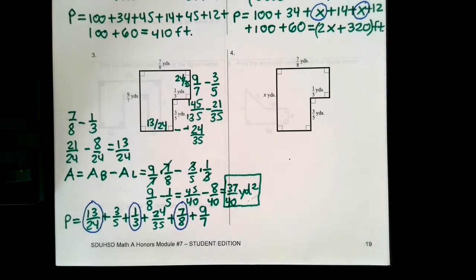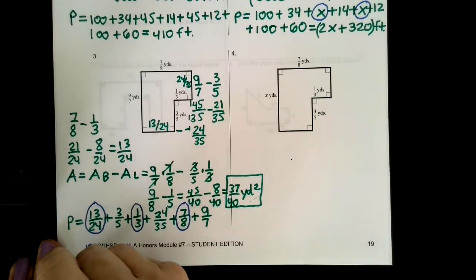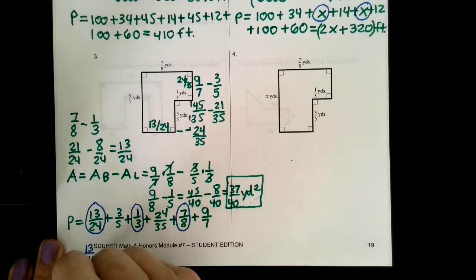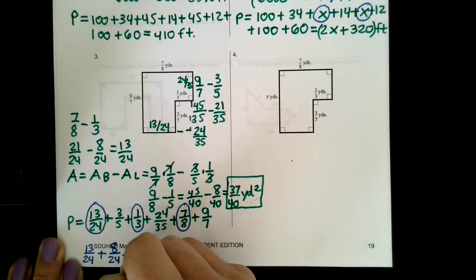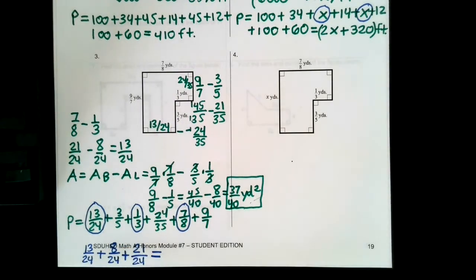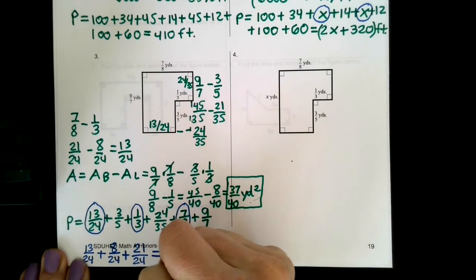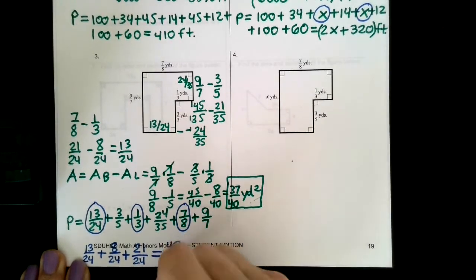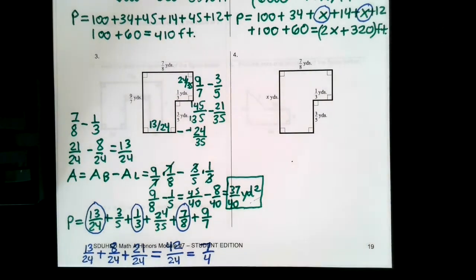So I'm going to start with those three. We're running out of room here. So we have 13/24ths. I'm going to change 1/3 to 8/24ths, and 7/8 to 21 over 24. Just adding those three together, I get 42 over 24, which is 7/4.